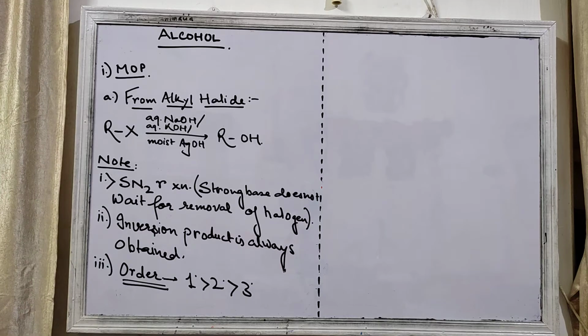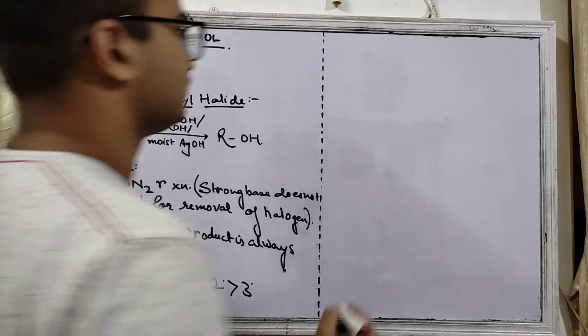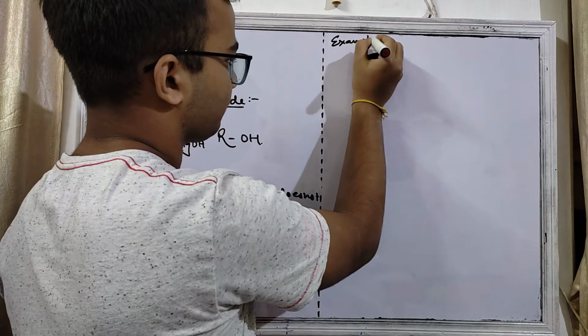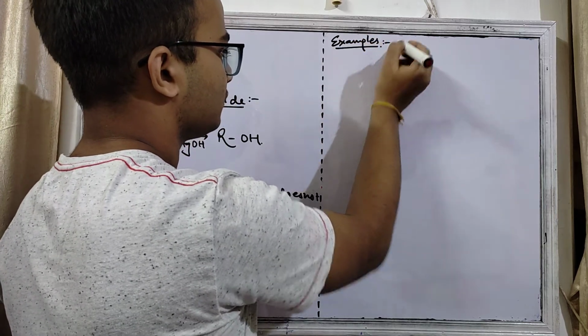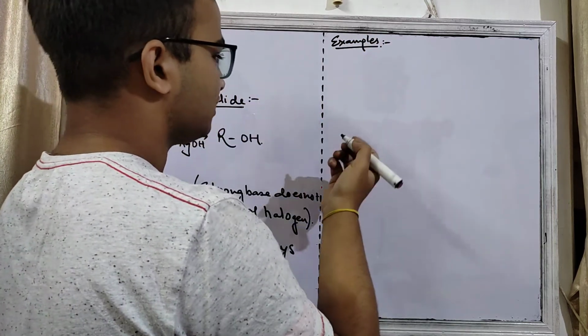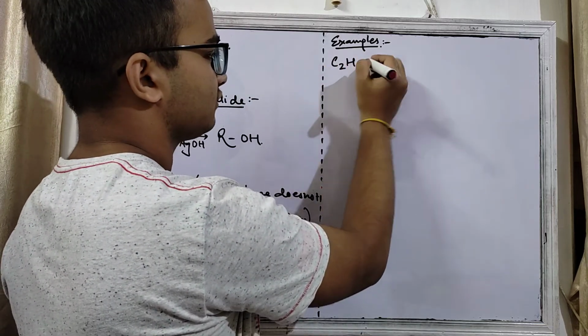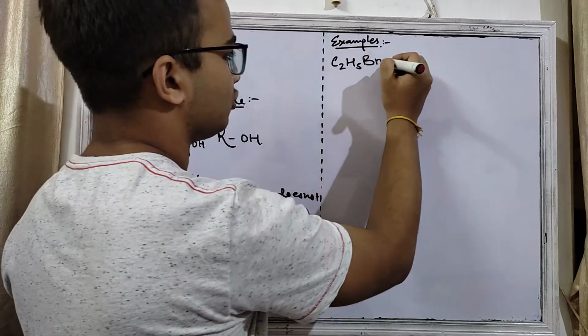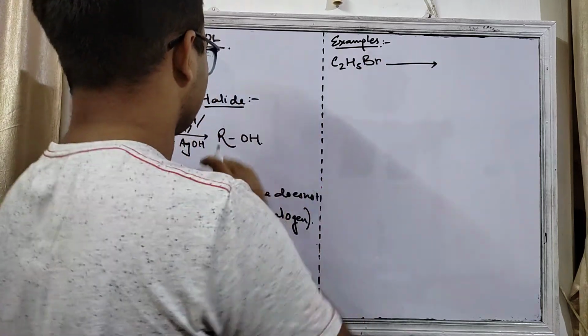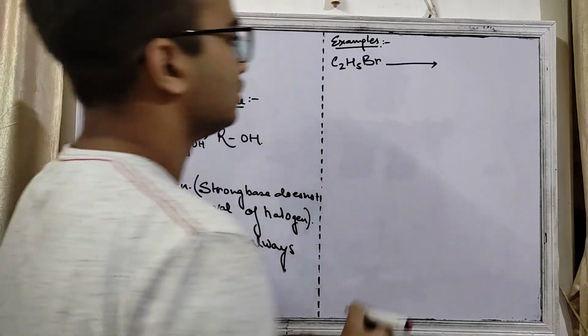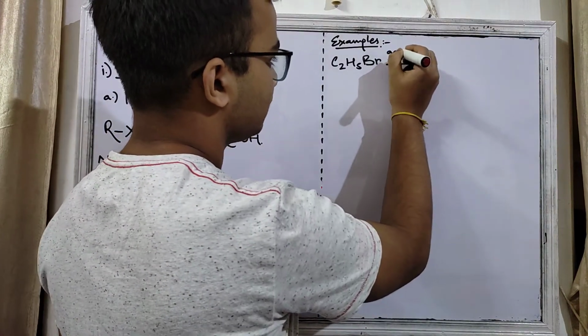Now if we take a few examples of this reaction, give the heading examples. Clear? The first example, let us take ethyl bromide, C2H5Br. Suppose I treat it with a strong base, aqueous NaOH.